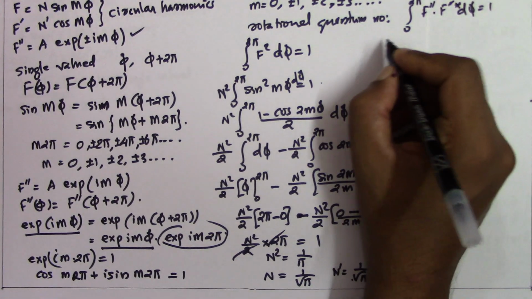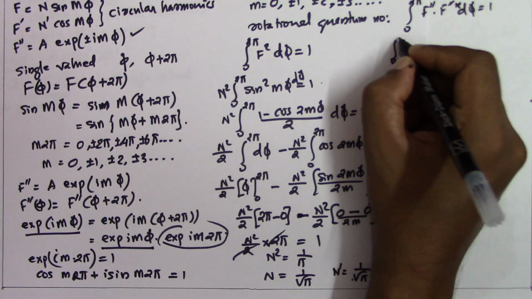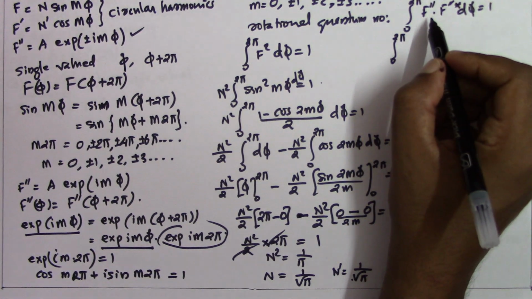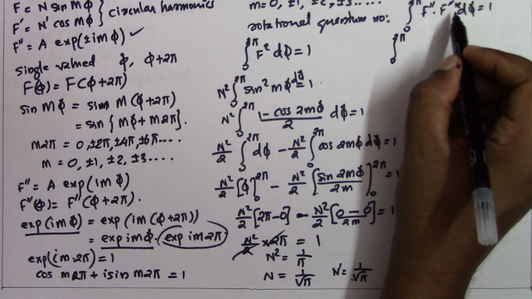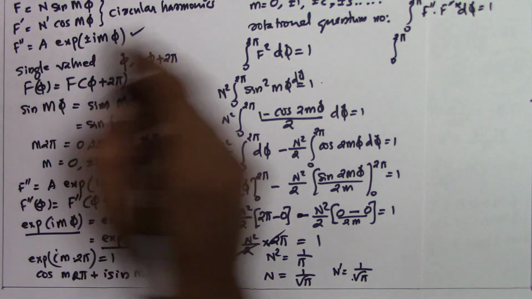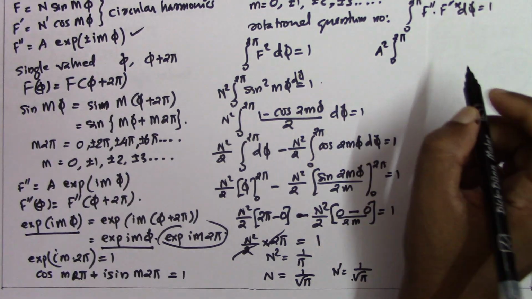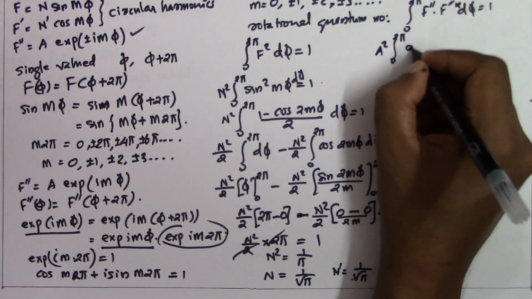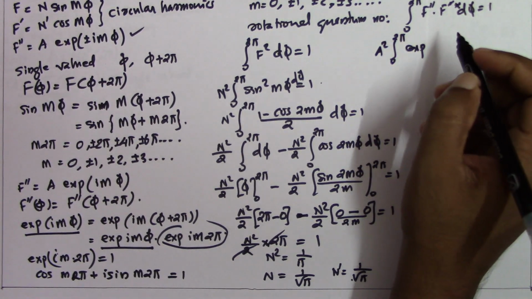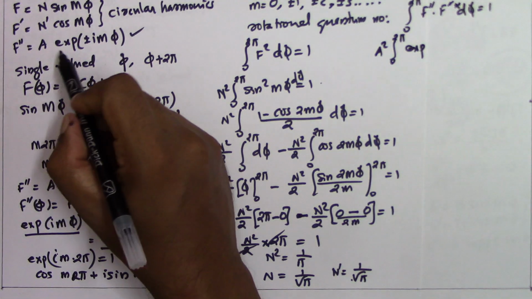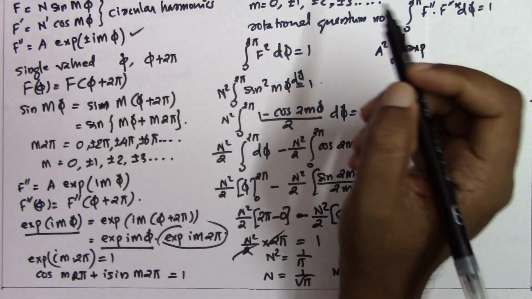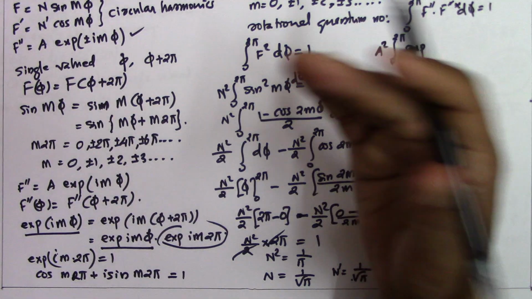Therefore, we can see that integral 0 to 2 pi f double dash into f star, so it contains A, so it is A square into exponential. Let's take exponential im phi, one function, that is A exponential im phi is one solution, or A exponential minus im phi is another solution.